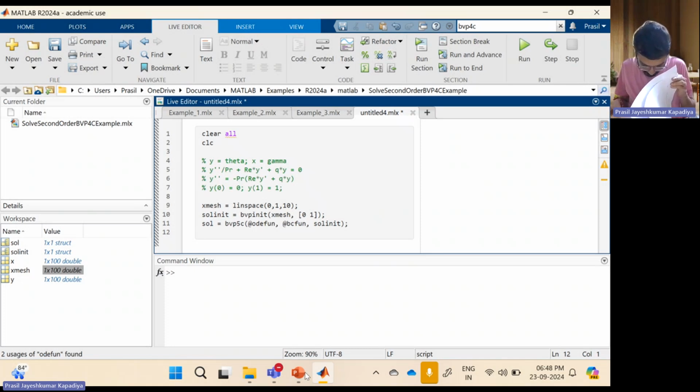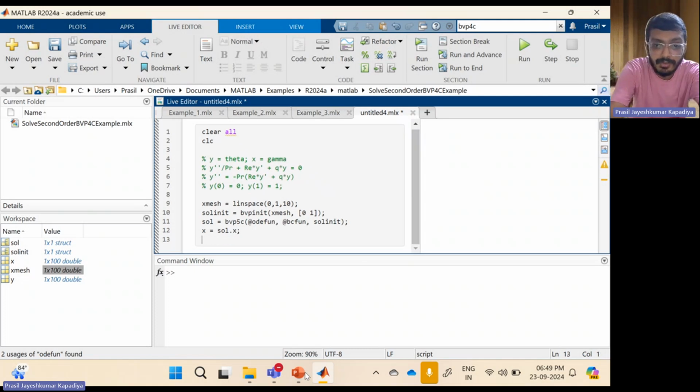Guys, just a minute. I'm just checking something. Okay. So let's just write x is equal to sol.x and my y is equal to sol.y, first row, all columns. This is my x comma y.